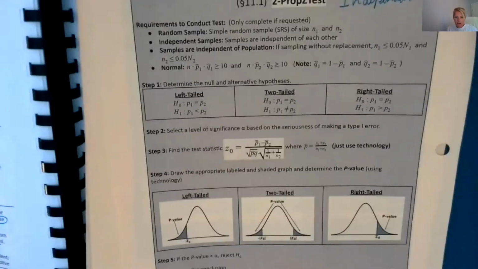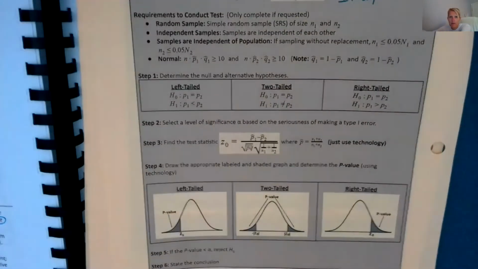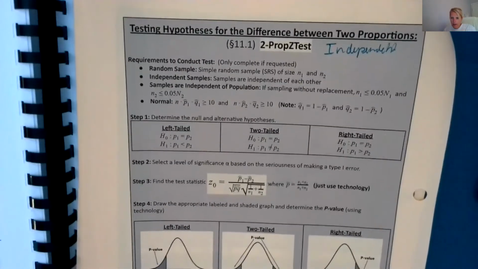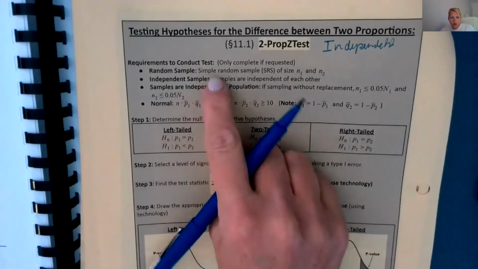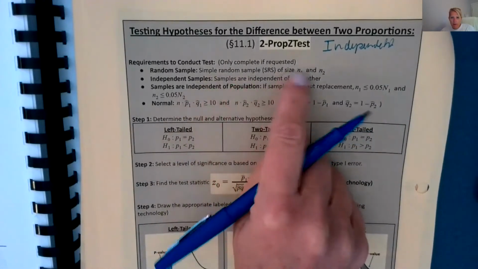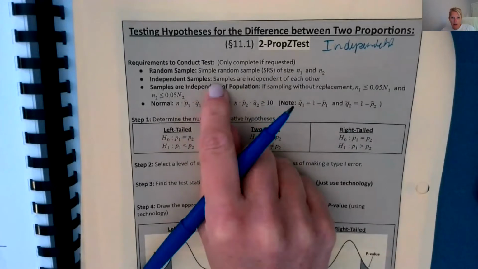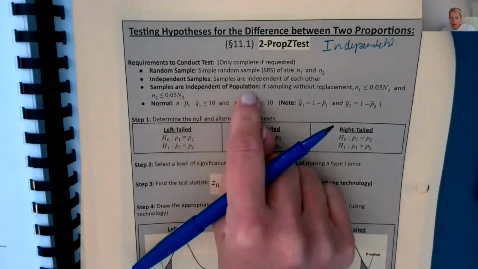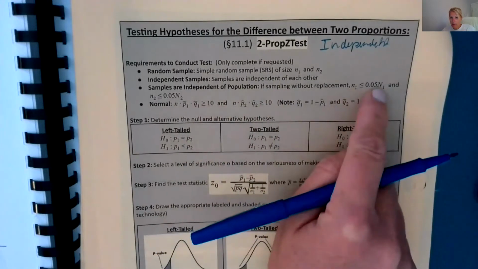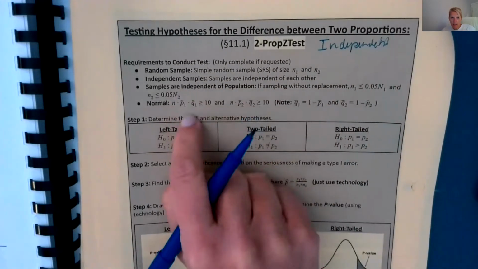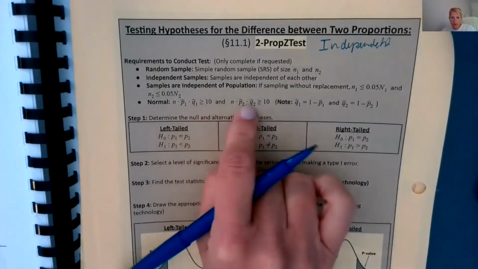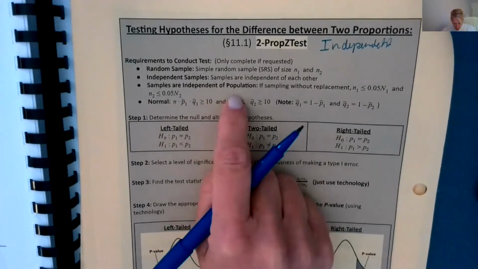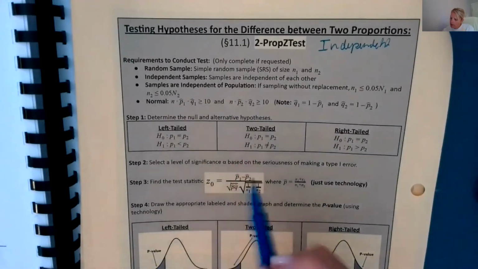And it shows us that we have central limit theorem requirements that we have to look at. So we need to make sure that we have random samples for both of our samples. We have to make sure that they're independent from each other. And then we also have to make sure that they're independent of the population, so individually, the 5% of the population size for each. And then we have to show that they're each normal. So note that the independence and normality we have to show for each sample here.